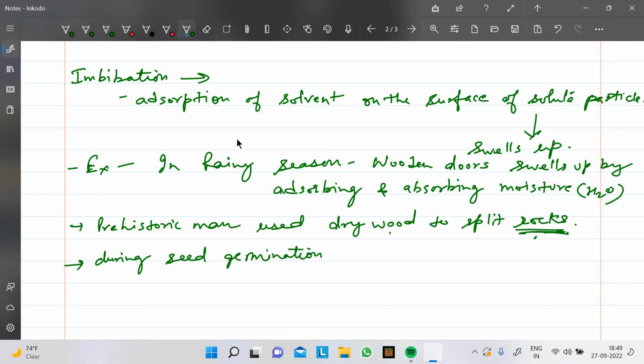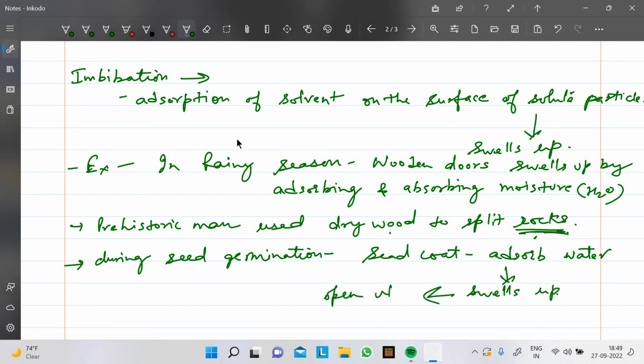The seed coats absorb water, swell up, open up, and the radicle and plumule come out, developing a baby plant.